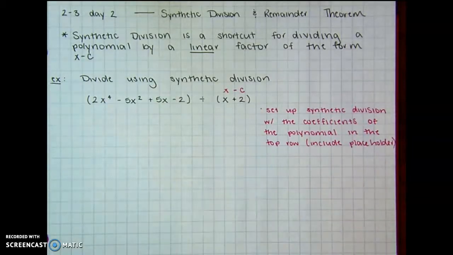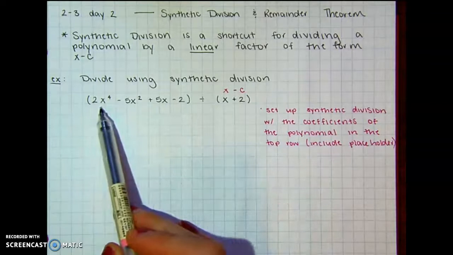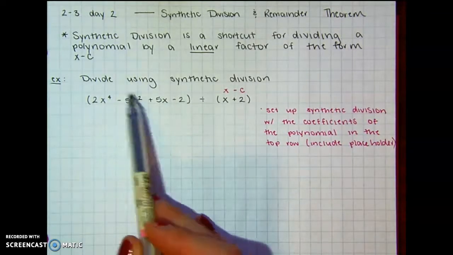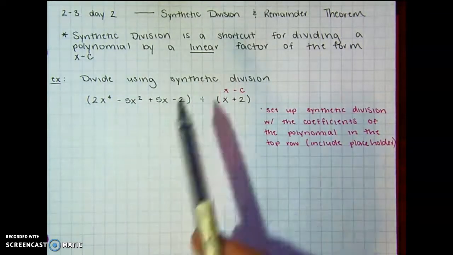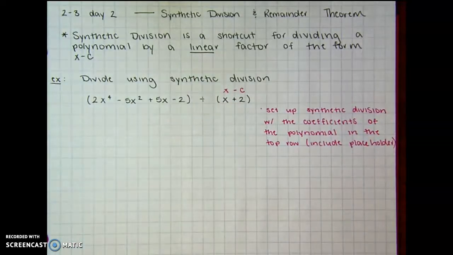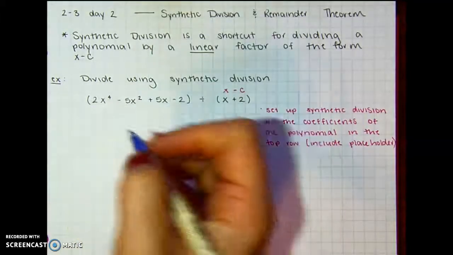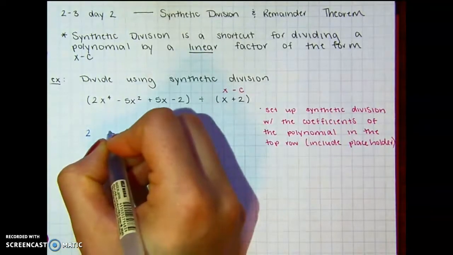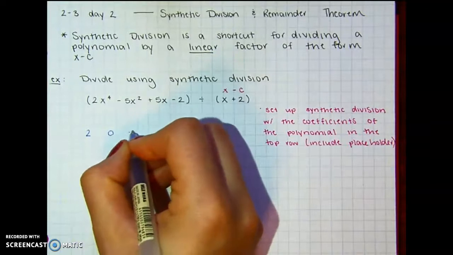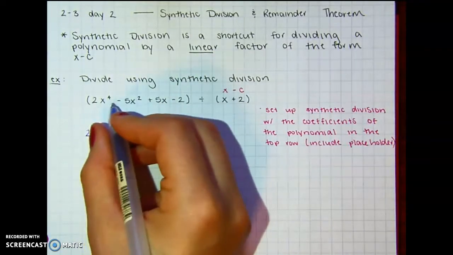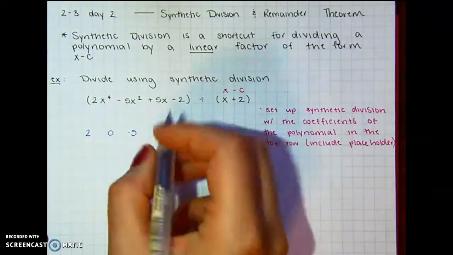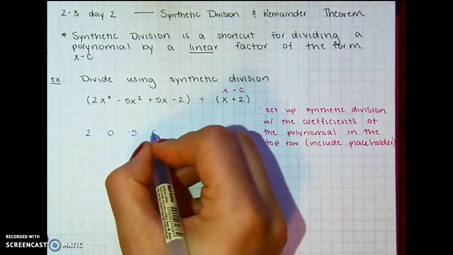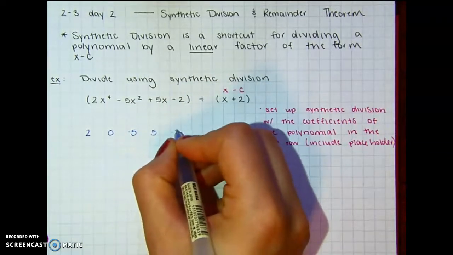So placeholder, if you look here, we've got 2x to the fourth and it jumps to 5x squared, so we need a placeholder for the x cubed. That is one of the biggest mistakes students make. So let's get to it. So we've got 2, 0, negative 5, right, 4, 3, 2, 1. So negative 5, positive 5, negative 2.